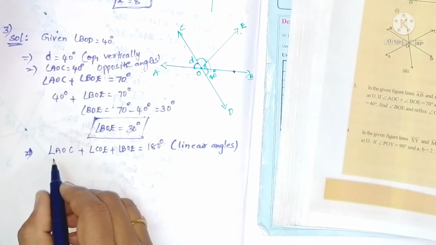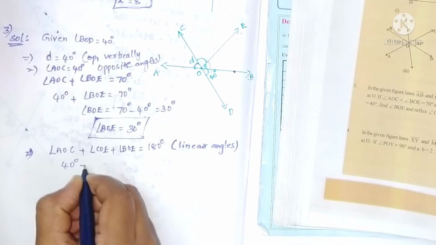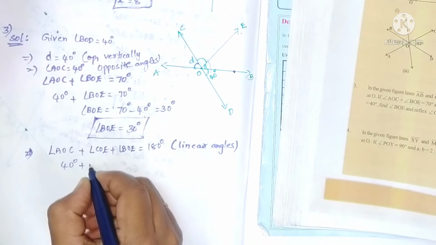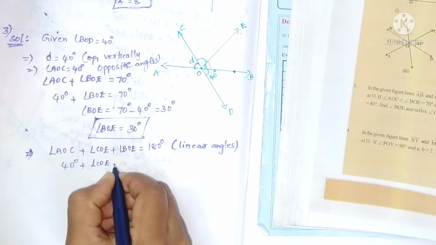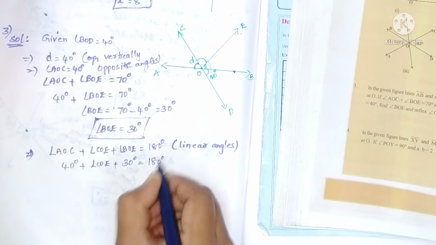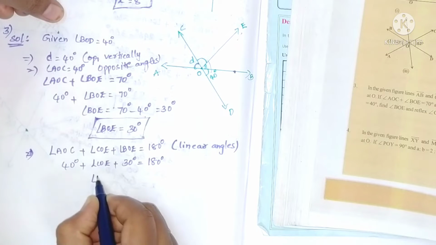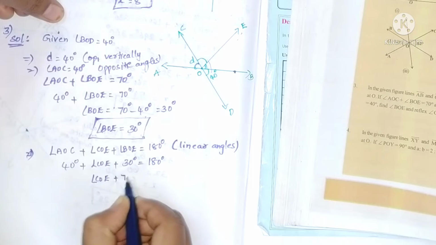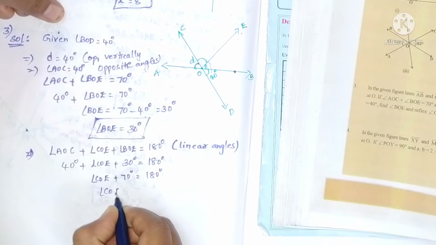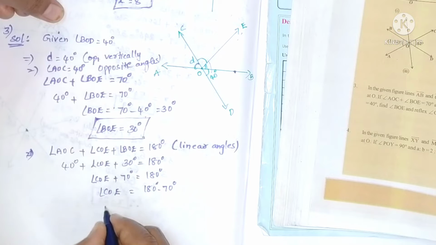Okay? So angle AOC is 40 degrees and angle COE, which we want to find out now, and angle BOE 30 degrees is equal to 180. After adding 30 plus 40, we get 70 degrees. Angle COE is equal to 180 degrees minus 70.